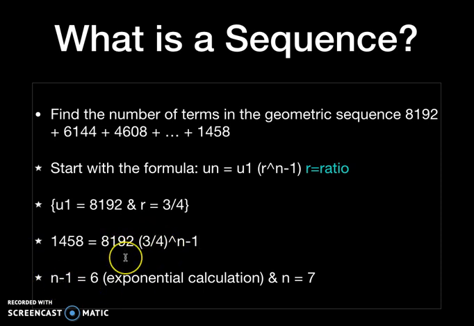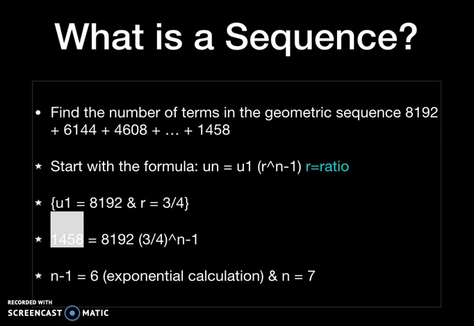So what we're going to do is take this 3/4, but first divide 8192 on both sides. When we divide 1458 by 8192, we get 729 over 4096.